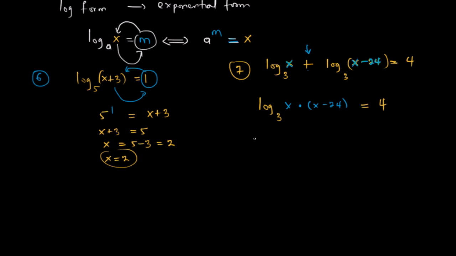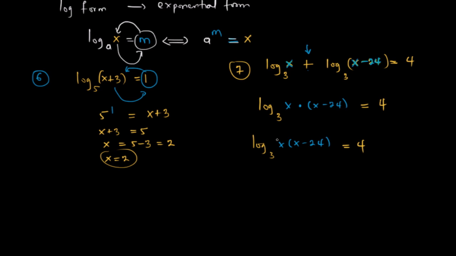So in other words, what I've written here is just the log to the base 3 of x times x minus 24 equals 4. Now you see I have a single number here in logarithm form, and the other side is another number. To move further, the next step is to change this equation to exponential form.